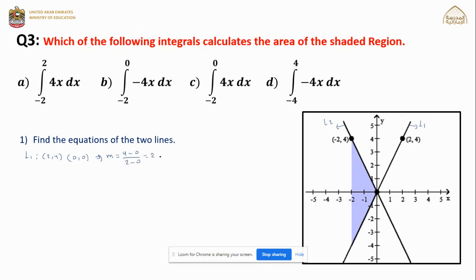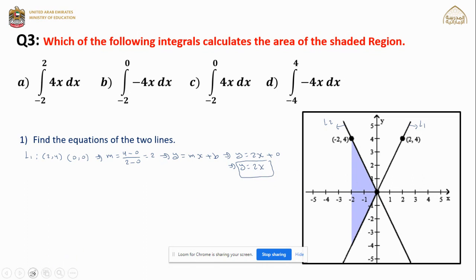That means 2. So the equation of this line is y equals mx plus b. So y equals 2x plus 0. That means y equals 2x. b is the y-intercept, and this line cuts the y-axis at y equals 0, so b equals 0.